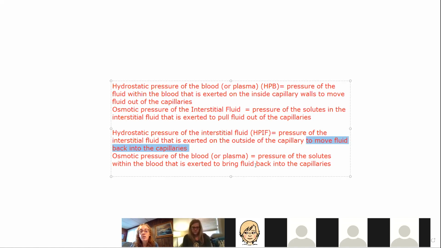The osmotic pressure is the pressure of the solutes trapped within the blood that is exerted to bring fluid back into the capillaries also. So keywords here: fluid moving out of the capillaries, and the hydrostatic pressure of the interstitial fluid and the osmotic pressure of the blood are both working as pressures that are going to bring the fluid back into the capillaries.